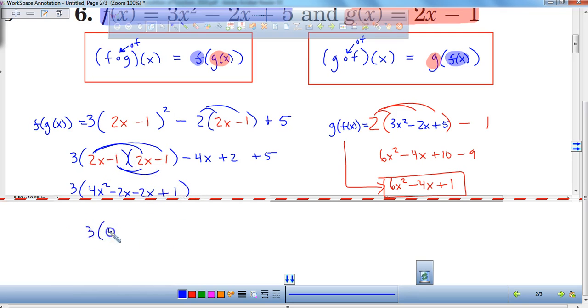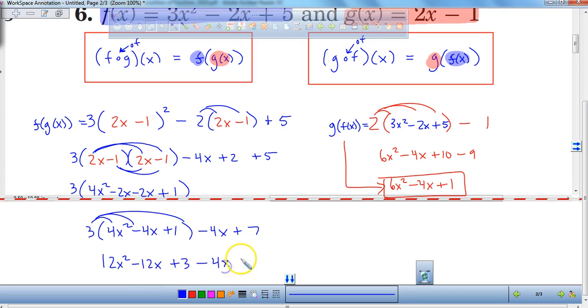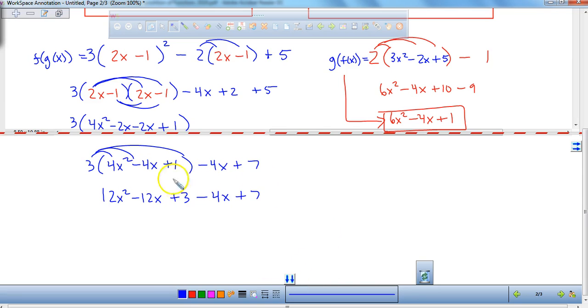So you're left with 3 times 4x squared minus 4x plus 1. And then over here, if we simplify this, we got minus 4x, and 2 plus 5 is 7. So once again, we got to distribute all the way through, which gives us 12x squared minus 12x plus 3 minus 4x plus 7.